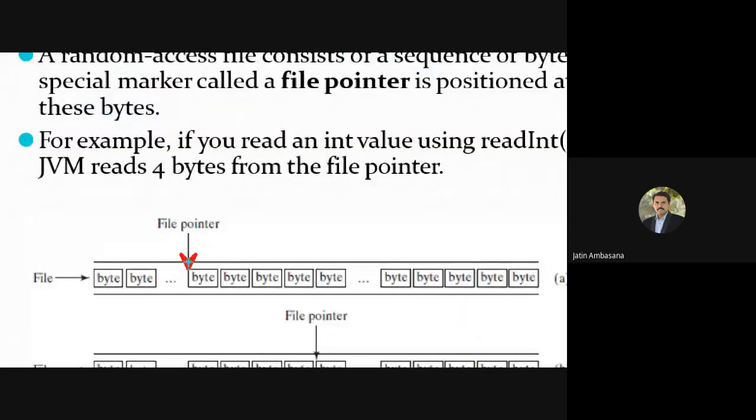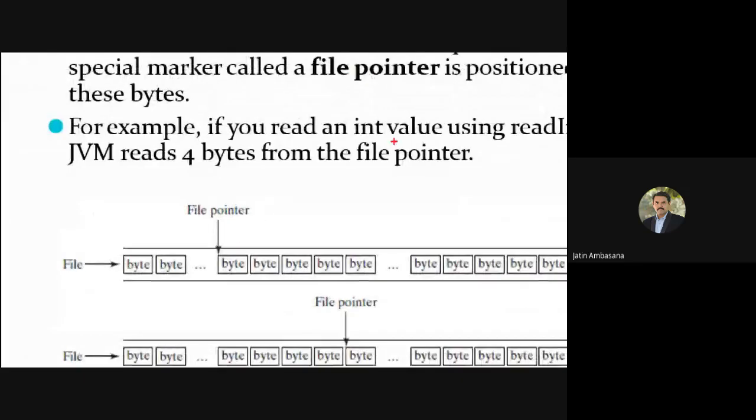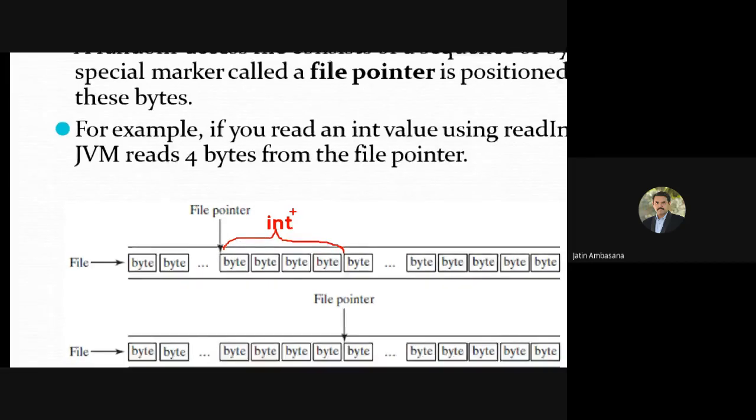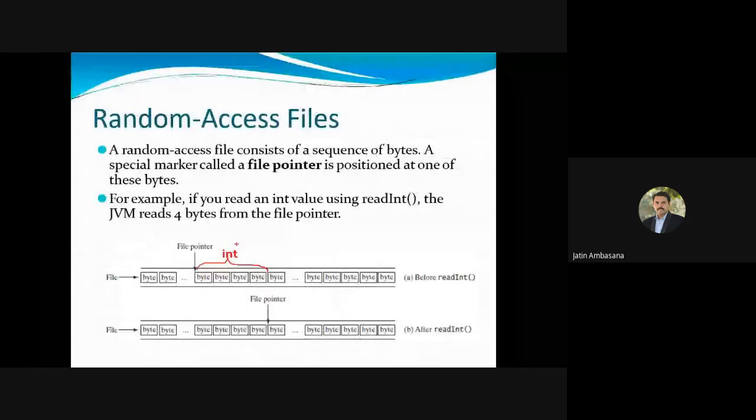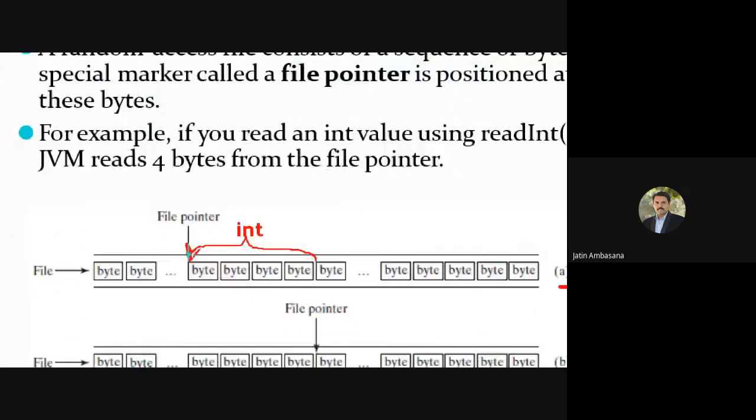So when the pointer is over here and you say read int using the reference variable, these 4 bytes would be read as an integer value, because an integer requires 4 bytes to be stored in Java. So what happens when you read it? Before read int, your pointer is over here.